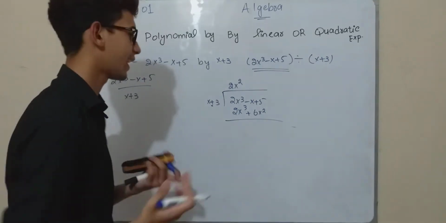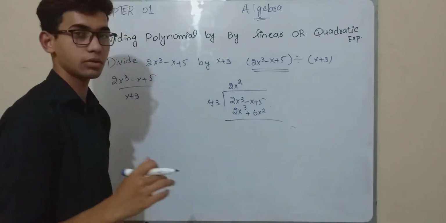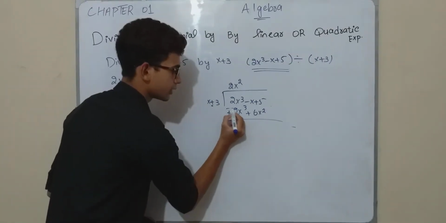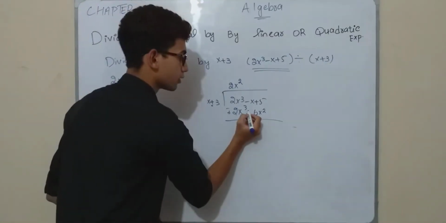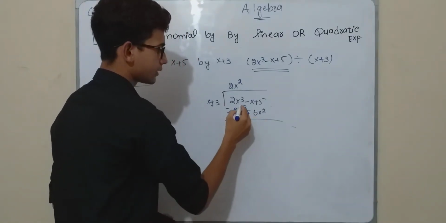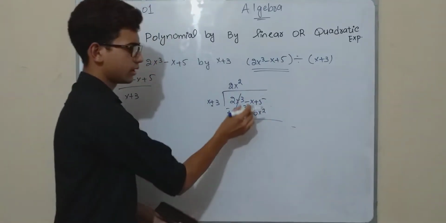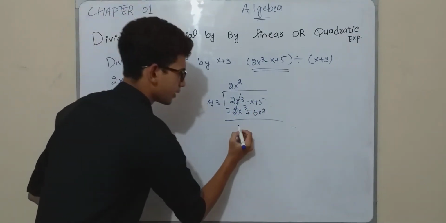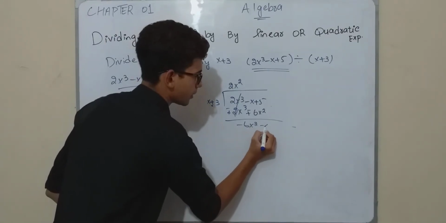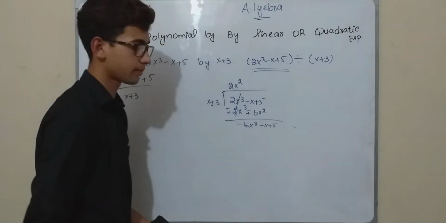Actually, it is in mathematics that we are bound to change the sign. So if this is plus, this is going to be minus, and this is plus, and this is going to be minus. So they are the same, and they are going to cancel. And nothing is like it, so it should remain as it is. Minus 6x square minus x plus 5.